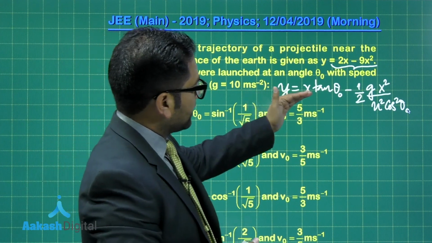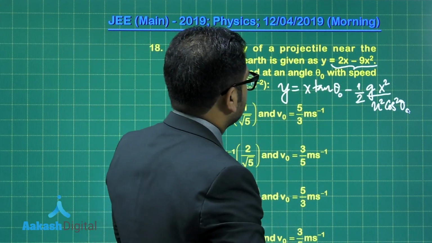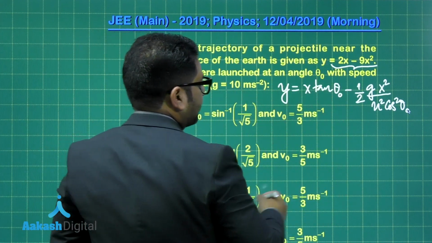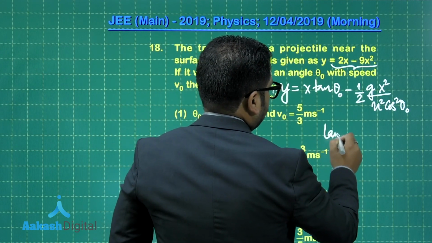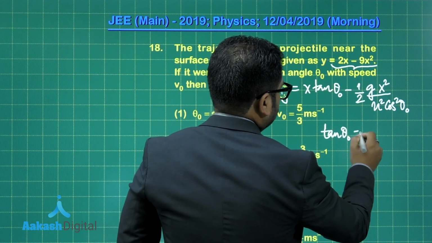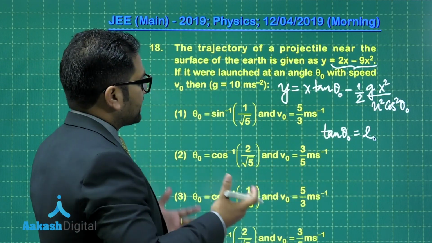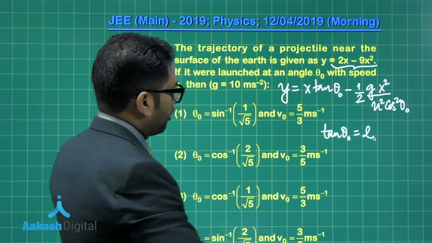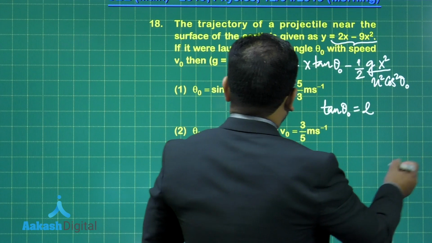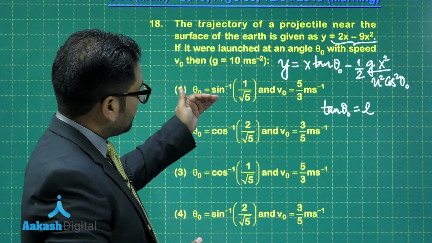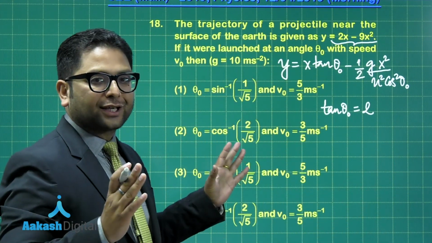There is the trajectory. The coefficient of x is 2, and here is tan theta naught. So just by comparing, you get tan theta naught equals 2. By the way, tan theta naught is 2, but the option, if you see, is in terms of sine or cos. And that's not a tough deal, right?